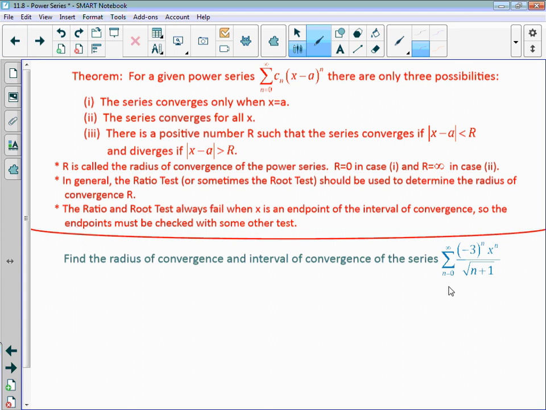So let's go ahead and start our ratio test. We should be getting to the point of being able to skip a couple steps here. I'm going to start with my limit as n goes to infinity, and I'm going to do the n plus 1 first.